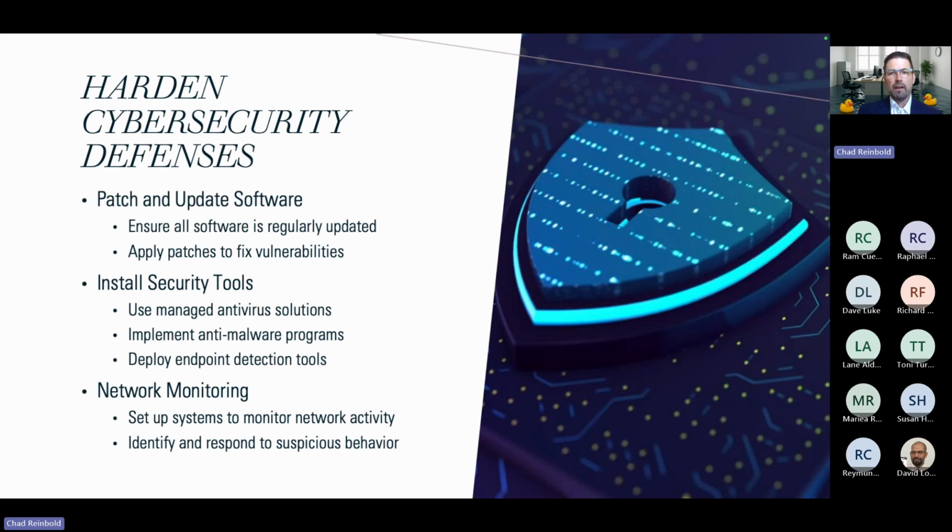Network monitoring. That's another key thing in disaster preparedness. Make sure that you have everything that needs to be monitored. A lot of times people want monitoring in place for things that really don't need to be monitored. When I say monitoring, that means something different based on what kind of company you are and what industry you're in.